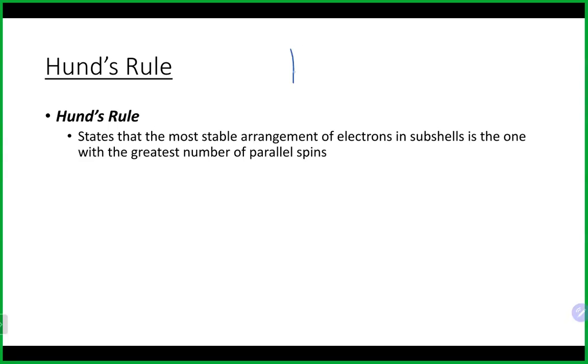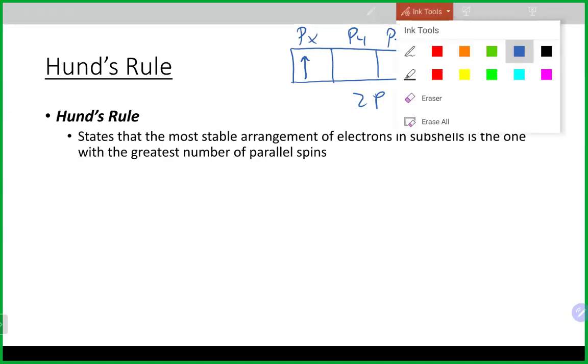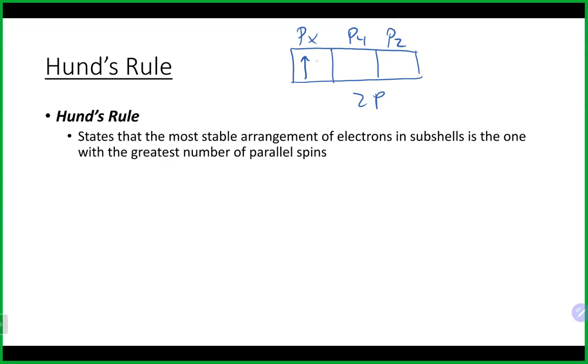We're talking about the 2p subshell, and on the 2p subshell we have our px, our py, and our pz orbital. We've already put our 1 electron in here. Now our other options in terms of where we could put electrons are, we could pair it up, or we could instead move to the next one.